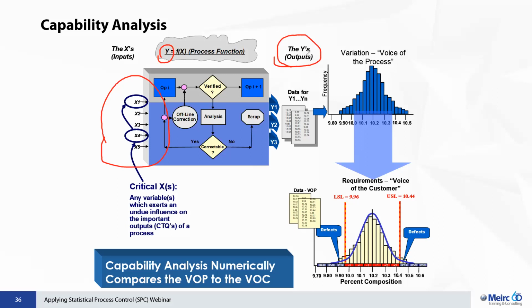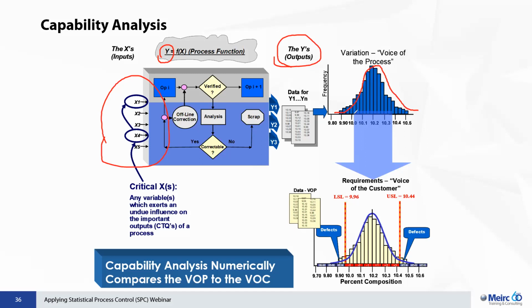Once you have your Y, you just plug it in and you generate your histogram. Whether your histogram is showing a normal distribution or a non-normal distribution, there are ways, of course, to deal with that which we discuss in our statistical courses and our improvement courses.